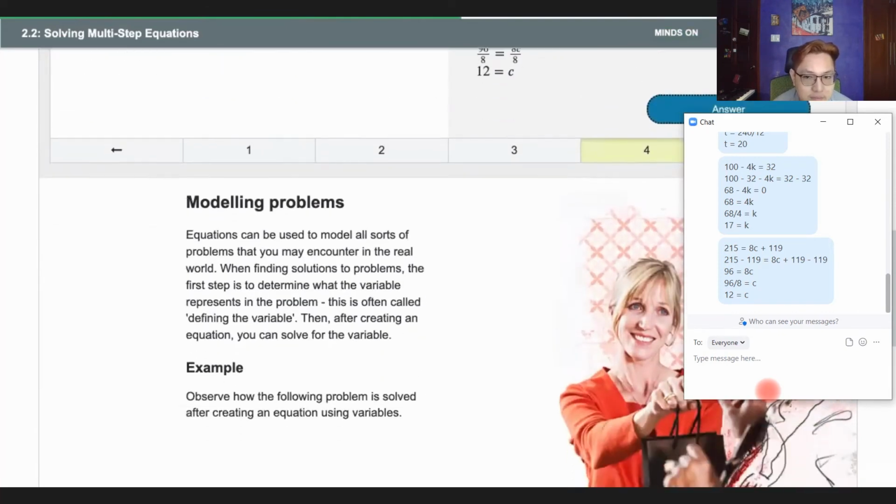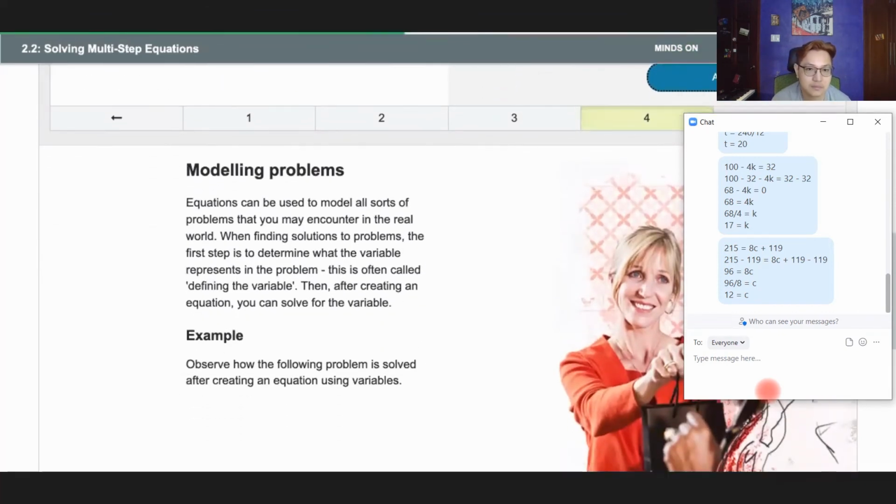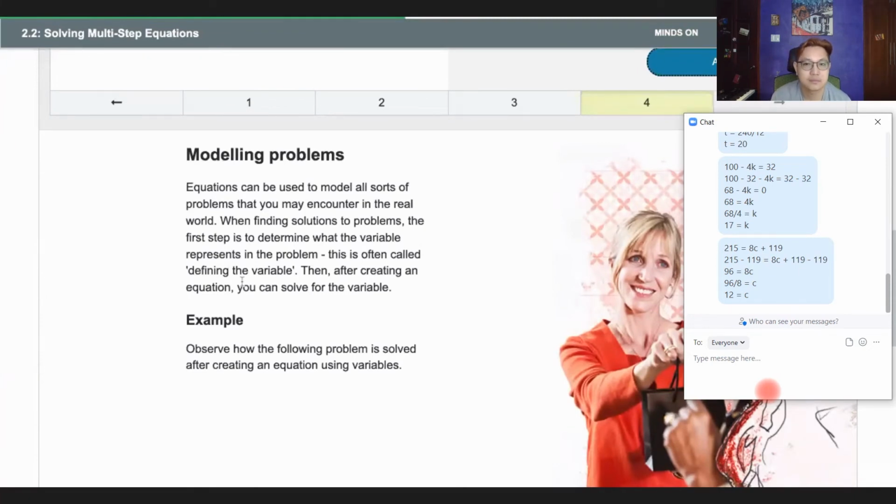Modeling problems. It's just like modeling, like a dress. So basically they try to make this one something realistic that you can see in real life.